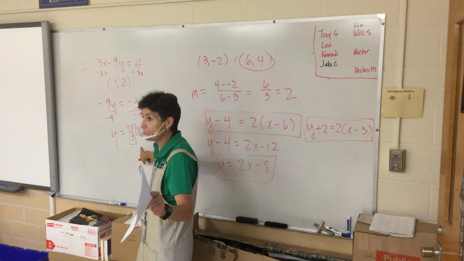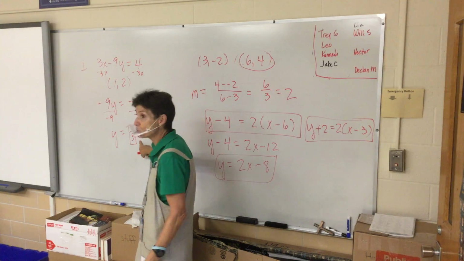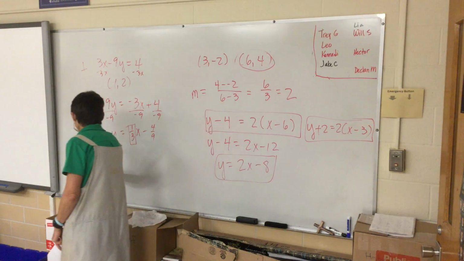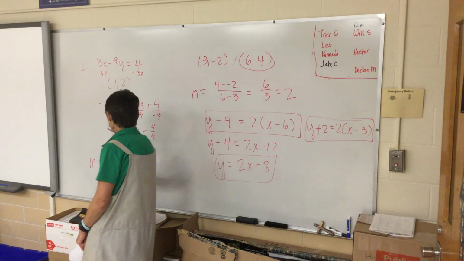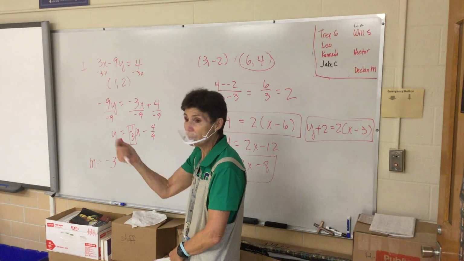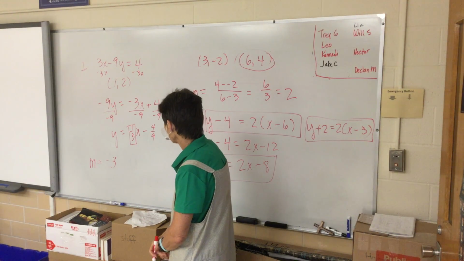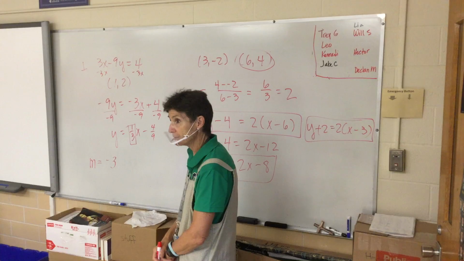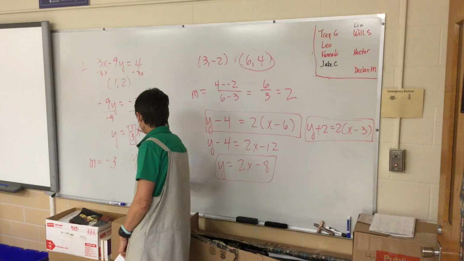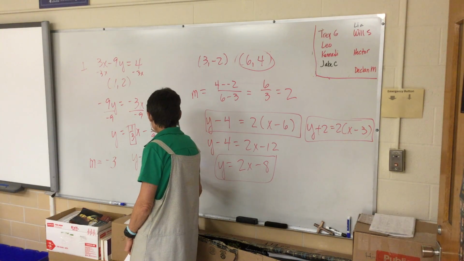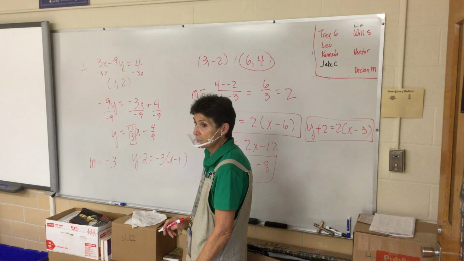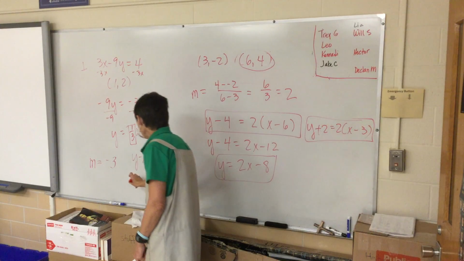If this were a parallel problem, I would use 1/3. But it's a perpendicular problem, so the slope I'm going to use is negative 3 over 1, or negative 3. Turn it over, make it negative. Okay, and then here we go. Here's my point. So y minus 2 equals negative 3 times (x minus 1). If there's no other directions, that's fine.